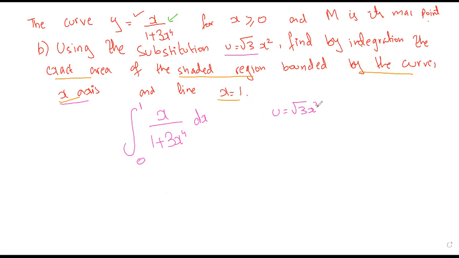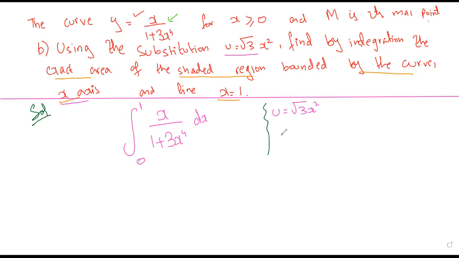Here they have mentioned that, so clearly you will use substitution. Whenever we are solving a question through substitution, we need to focus on a few things. This is u equals under root 3x squared, so du by dx would be 2 under root 3x. This means that du would be equal to 2 under root 3x dx, right?